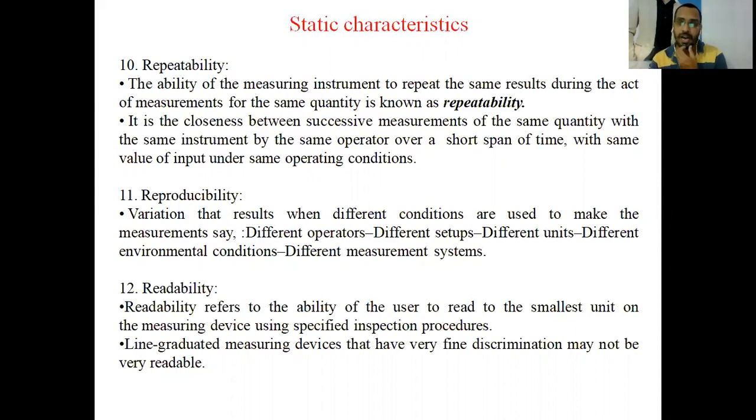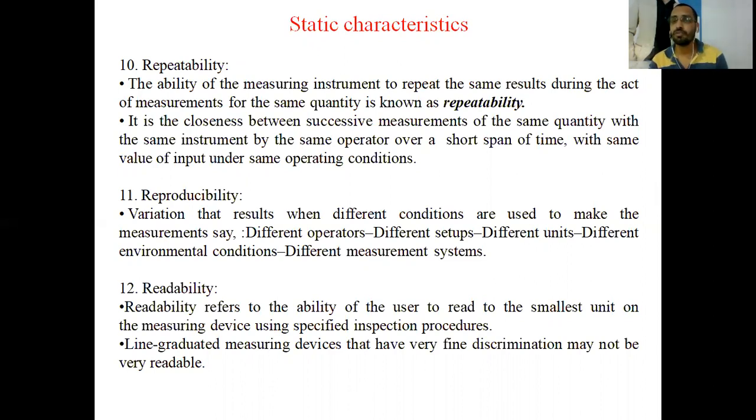For example, if you are measuring 10 ampere and after 1 second you again give 10 ampere input, you should read 10 ampere only. It should not be that it may be 9.99 ampere and then 9.98 ampere, but it should always remain the same throughout the span of time. Okay, so this is called repeatability.